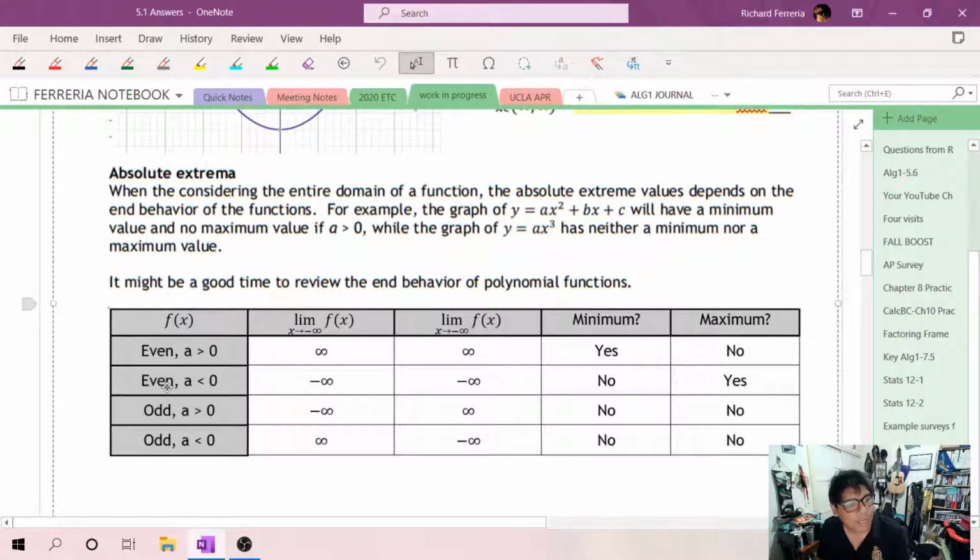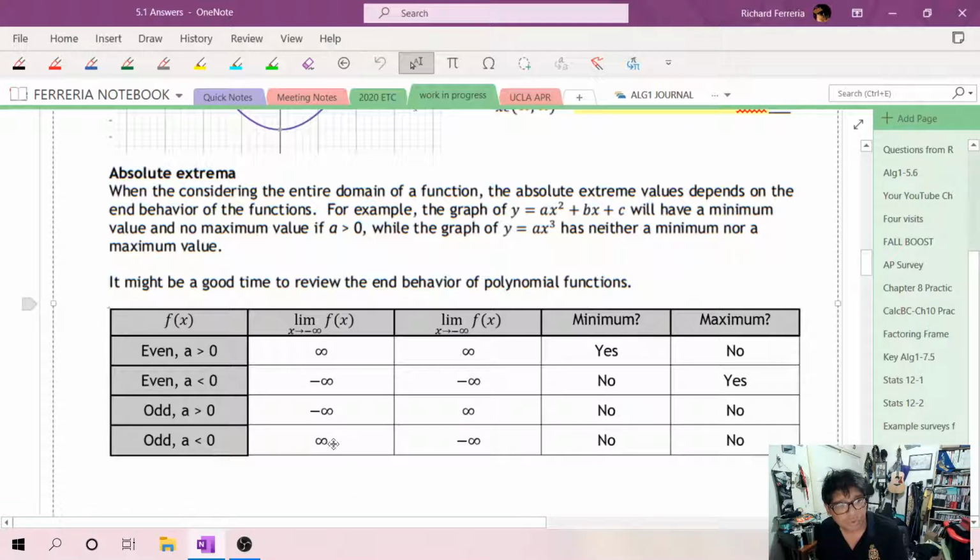The opposite is true. If the lead term is negative, then the polynomial will go to negative infinity on the left side and negative infinity on the right side. There's no minimum, but there is a maximum. And if you have an odd polynomial with a positive lead term, that's going to go to negative infinity on the left, positive infinity on the right.